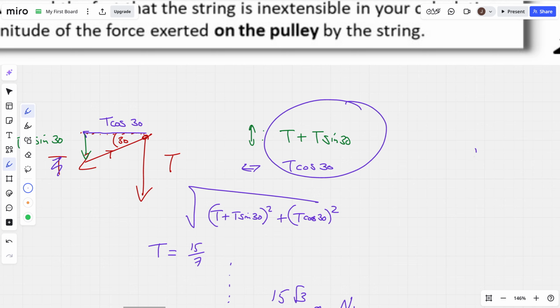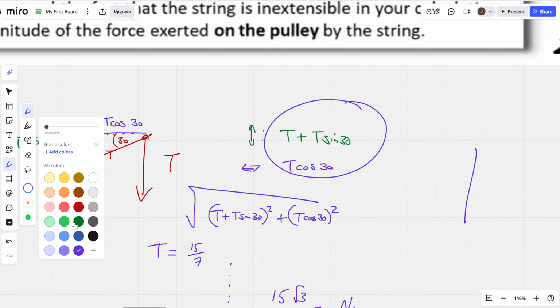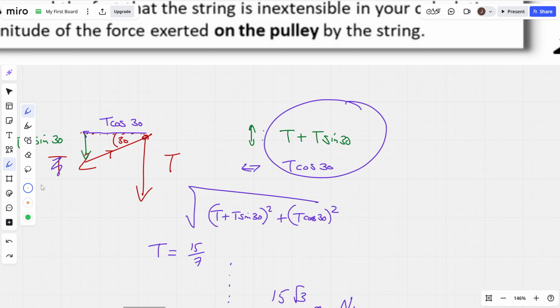Okay, so I would make one side, let's keep it in one color to make it less confusing. I would make the vertical side T + T sin 30. And then to the left, I would make it T cos 30.